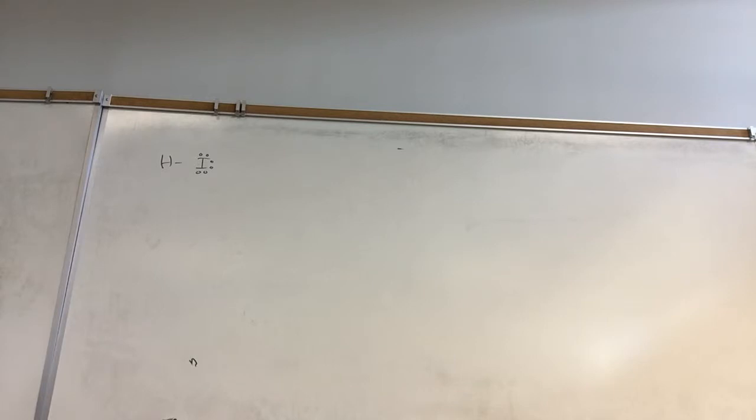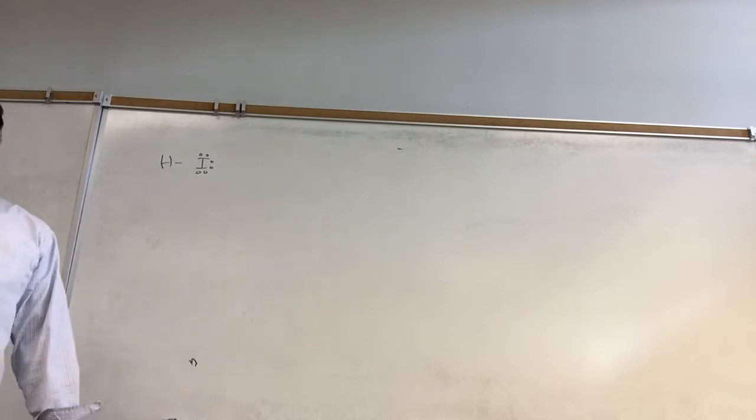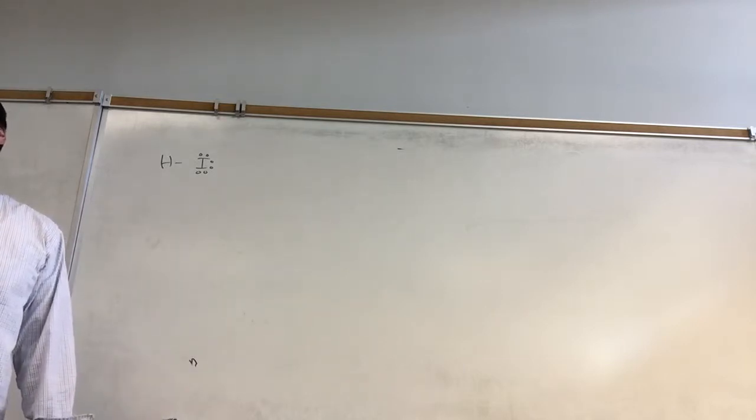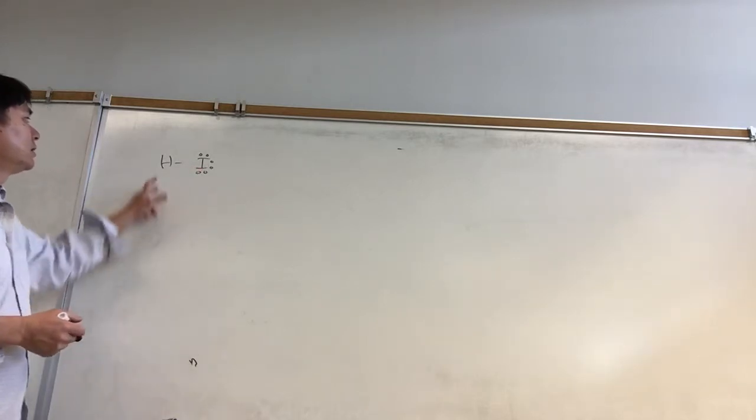Now, hybridization varies. We look at the bond angle, although there's no such thing as a bond angle here, because you need three atoms to define a bond angle. So we don't have any bond angles here to deal with. This is a linear molecule.